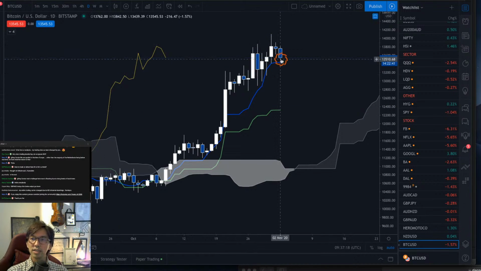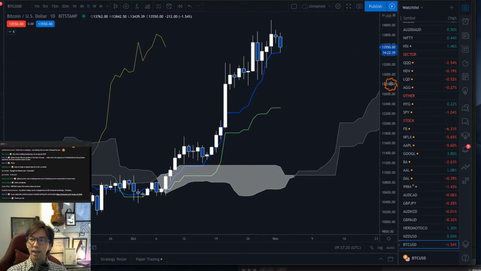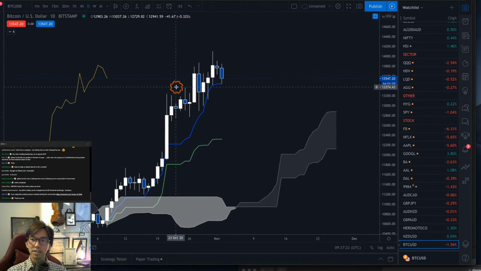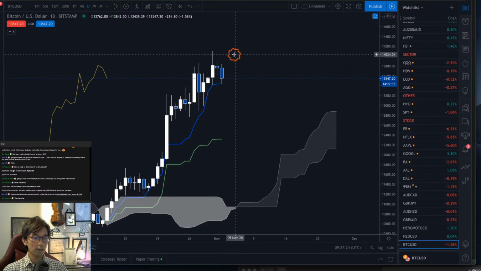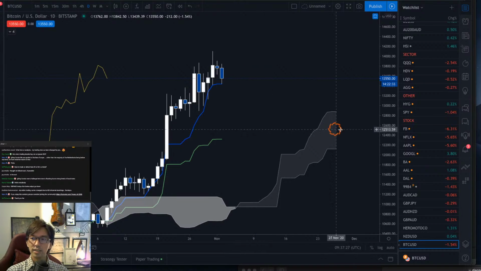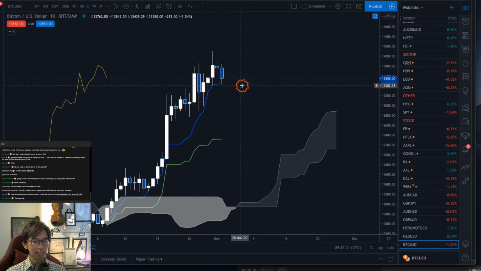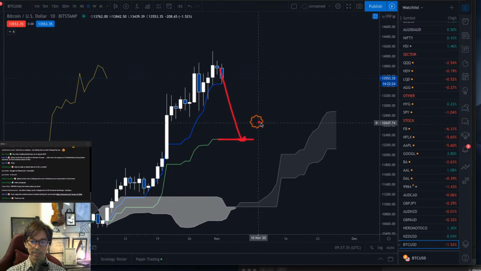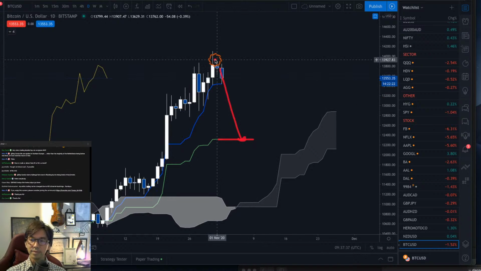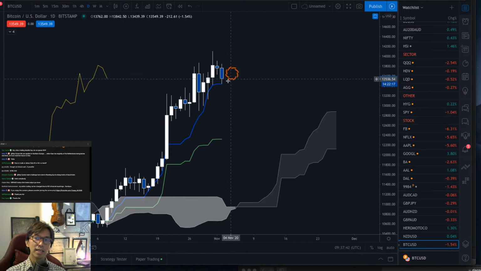This is a daily chart on Bitcoin, and I can see that it is bullish, but the Kumo is flat, Kijun Sen is flat, and Tenkan Sen is also flat. So it might retrace backwards to the Kijun Sen in this case. And on the daily chart, I don't see any double top formation.